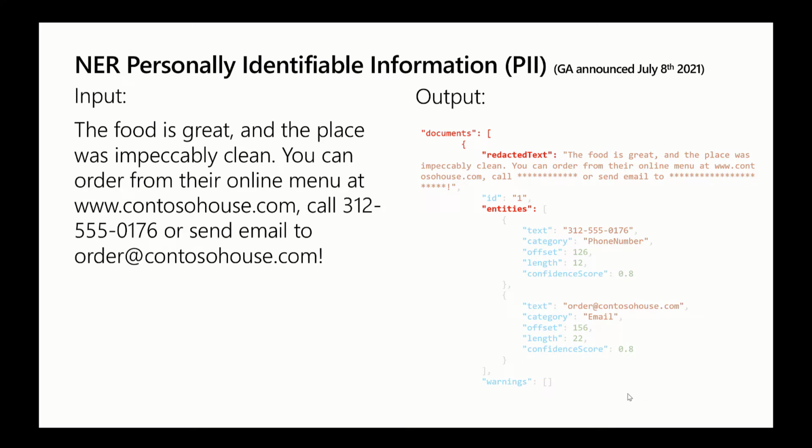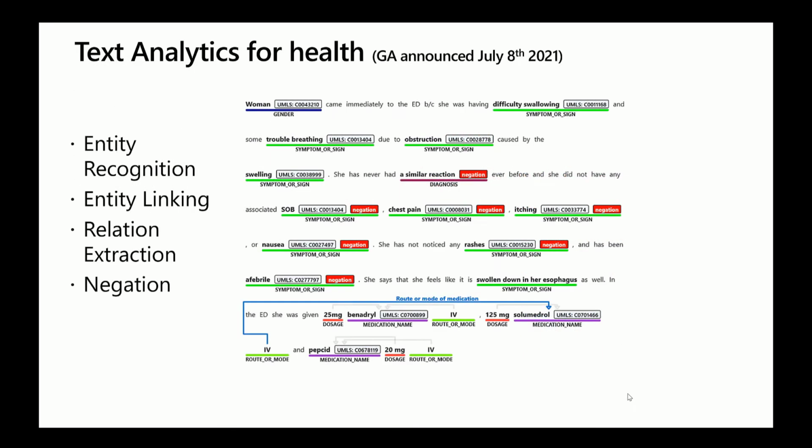You can do that, and you can see that it will be replaced with asterisks, and that's how you can use PII. The pricing for PII is also the same as what you would do for NER, so no extra premium, same as NER.